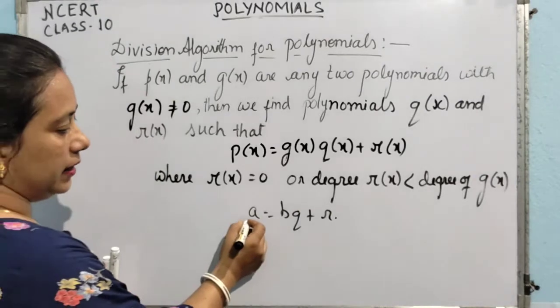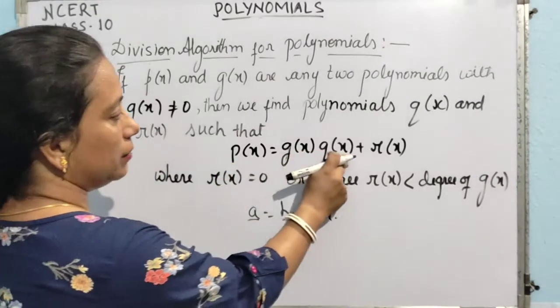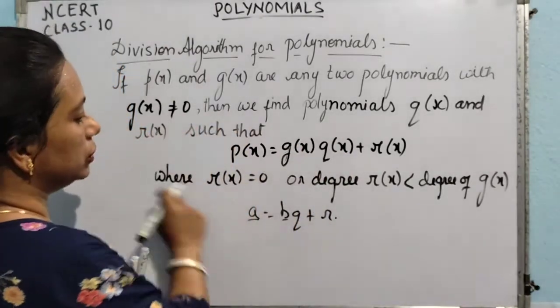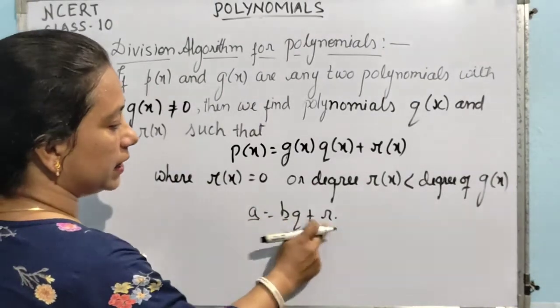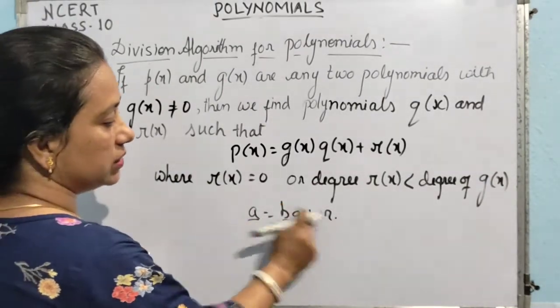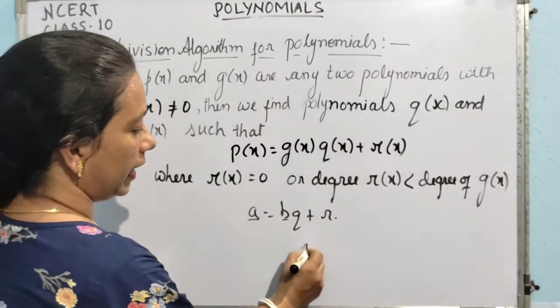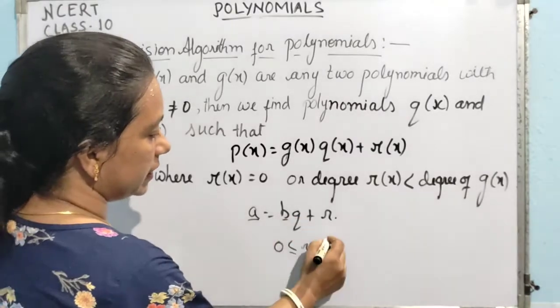A is being divided by b. Here p of x is being divided by g of x, and they have told us g of x is not equal to 0. In that case b was not equal to 0, then a is equal to bq plus r. Q was the quotient and r was the remainder, and the remainder was greater than or equal to 0 and less than b, isn't it?